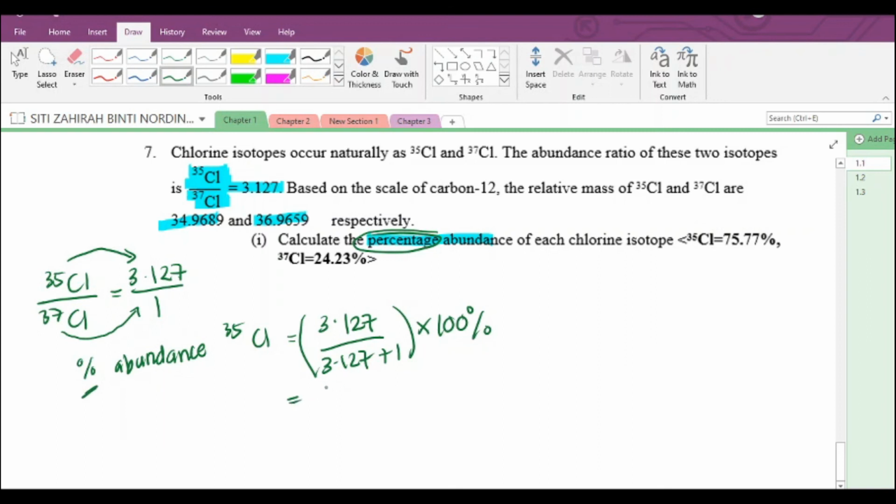So that would be 75.77%. Next, you figure out the percentage abundance of 37Cl and answer question B as well.